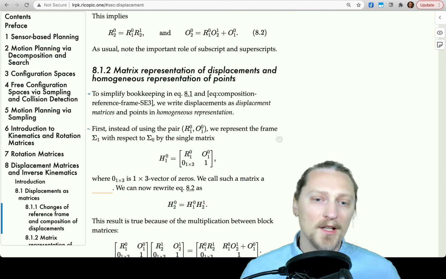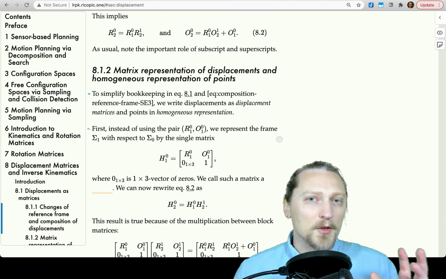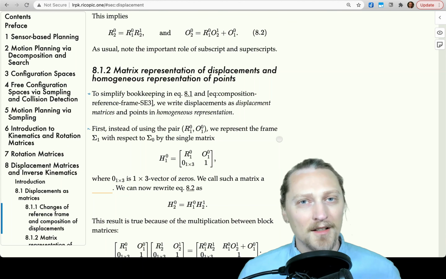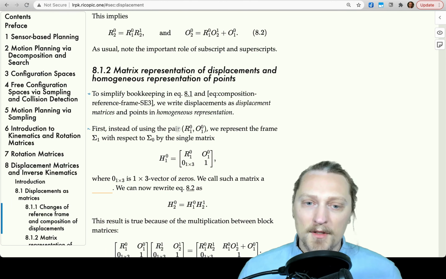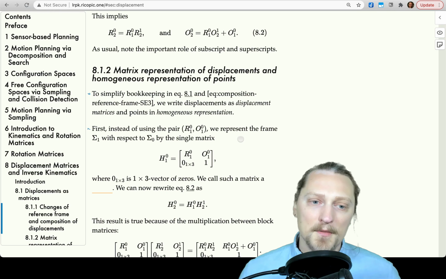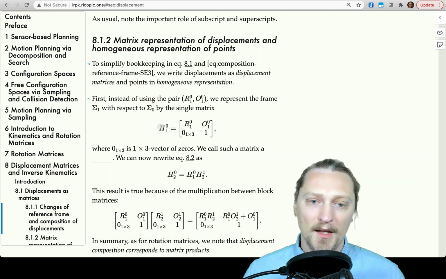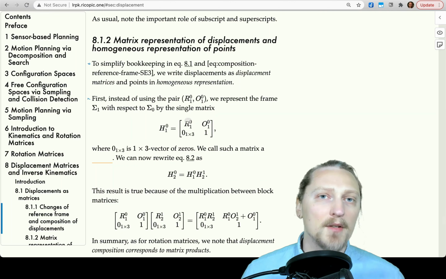Okay, homogeneous means that we're using a matrix multiplication to represent not just rotation but also translation, and this is a very common way of doing it. First, instead of using the pair R1,0 and O1,0, we represent the frame sigma 1 with respect to sigma 0 by the single matrix H1,0, where we have the rotation matrix as a submatrix here.